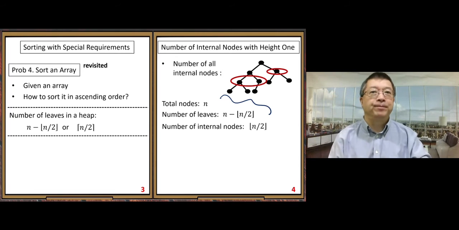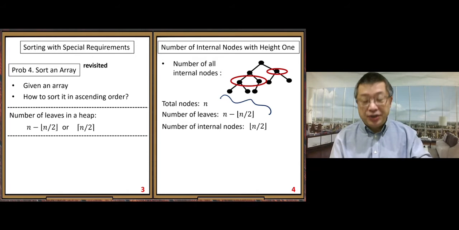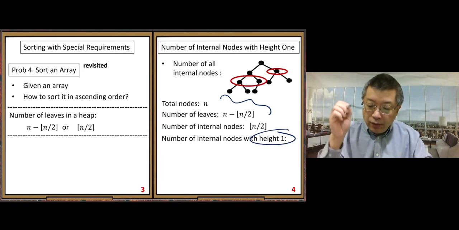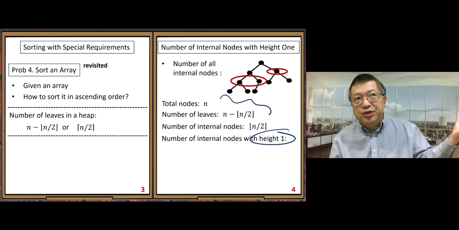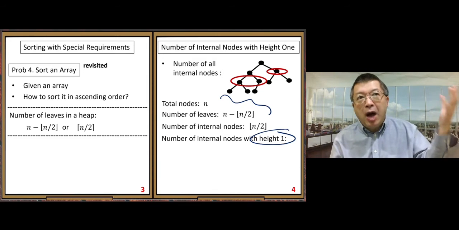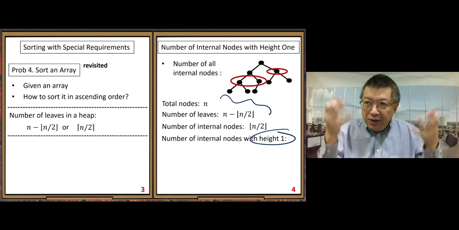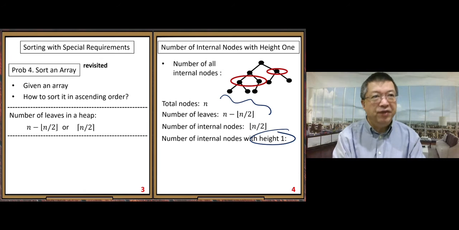All right. Next, now let's look at the number of internal nodes with height 1. How to do that? With the experience we have from calculating the number of leaves, now we just extend it a little bit. We can get the answer to this task.